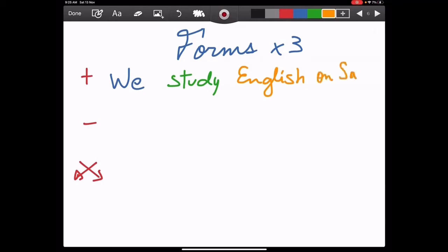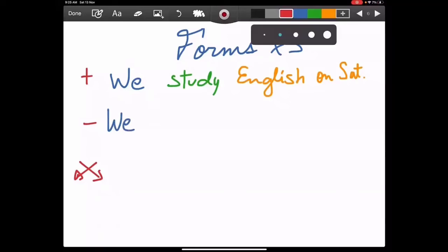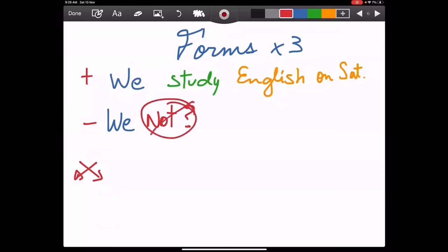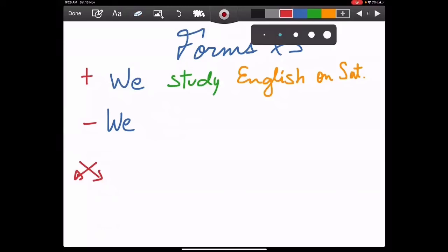Okay. This sentence, we can pass it to negative form by adding an auxiliary, something that can work as a helper. The word not? Not really. We need a combination of 2 words to make the auxiliary work in negative.